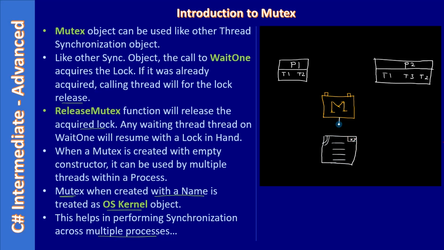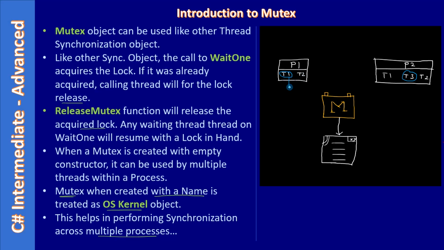So through the mutex, the file can be accessed. Also, we will now assume thread T1 in process P1 as well as thread T3 in process P2 both want to access the shared resource, the XY file. So what happens?